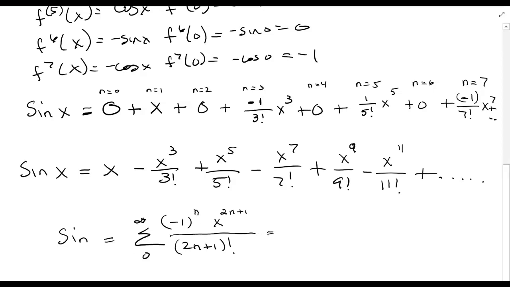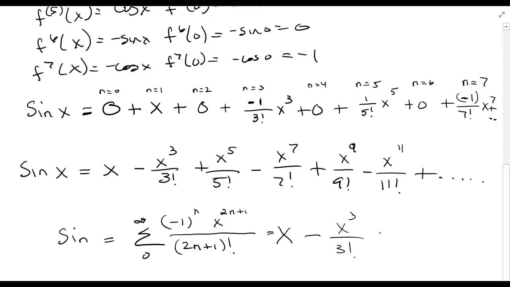And try it, see if it works. Well, 0 is going to give me x to the 0 plus 1, x to the first, so that's just going to be x. When it's 1, I'm going to get negative, 2 plus 1, that's 3, right? x cubed over 2 plus 1, which is 3 factorial.